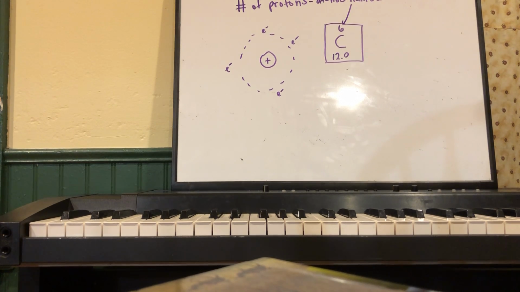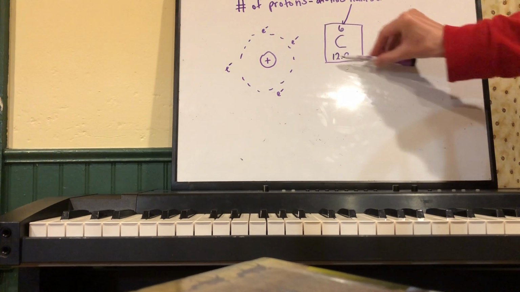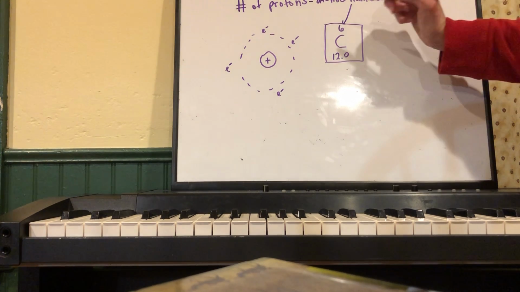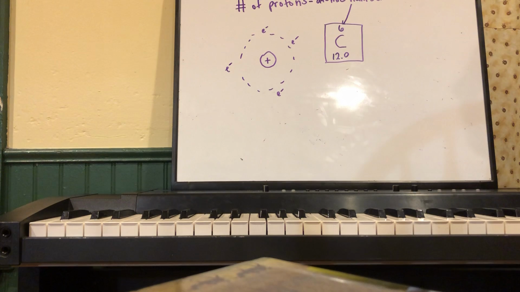The number that's on top in the periodic table is the number of protons in a carbon atom. Now, one thing we can also know is that if there are 6 protons in a carbon atom, there's going to be 6 electrons.